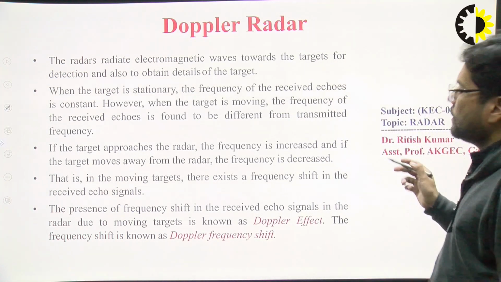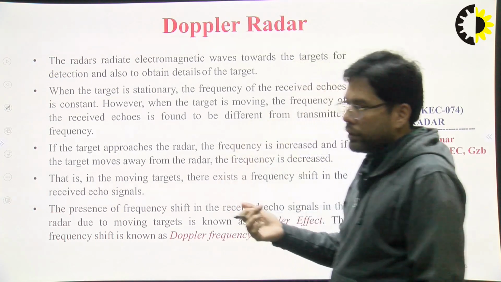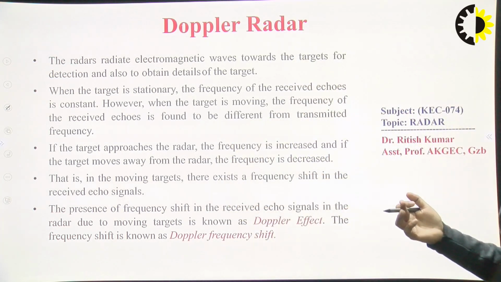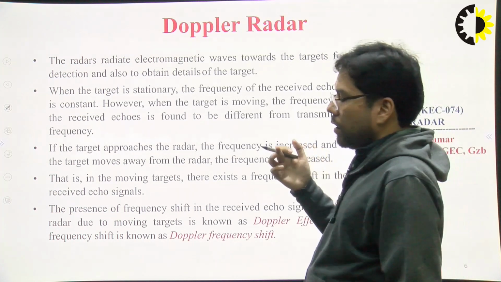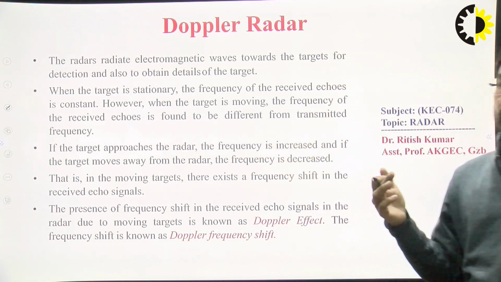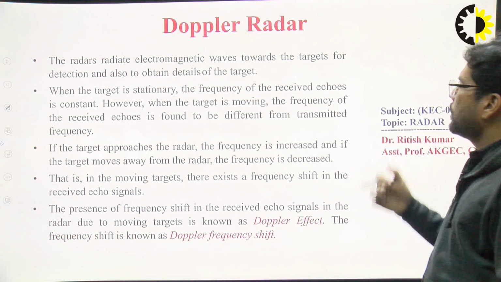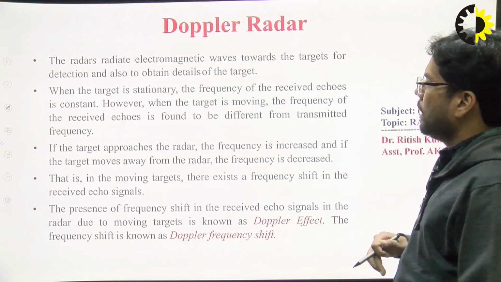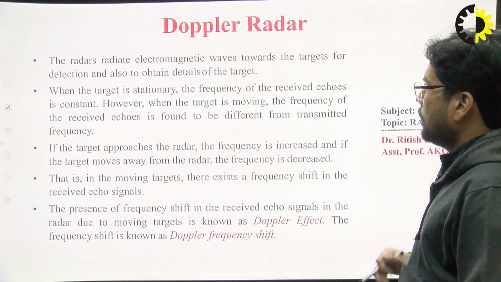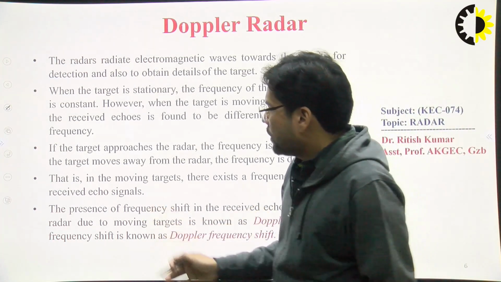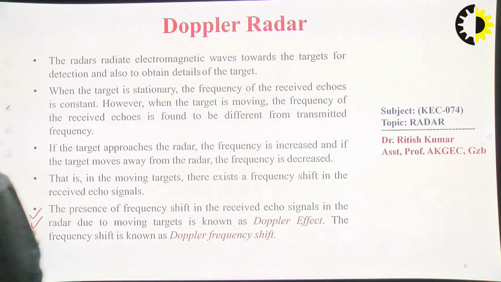Echo is nothing but the reflected signal received from the target after the radio waves strike the target, right? So as you can see in the last point, the presence of a frequency shift in the received echo signals in the radar due to a moving target is known as the Doppler effect. The frequency shift is also known as Doppler frequency shift.